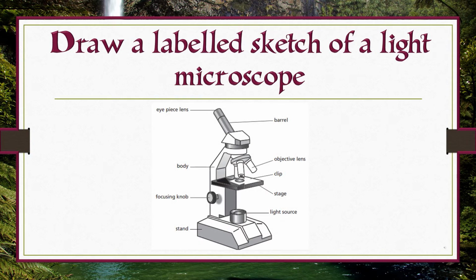Our microscope has got the eyepiece, a body, a focusing knob, a stand, a barrel, an objective lens, a clip, a stage, and a light source. Sometimes we refer to it as the mirror.